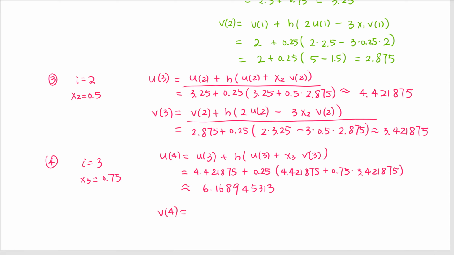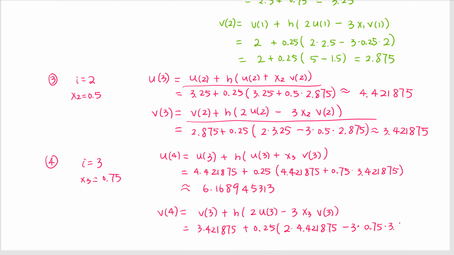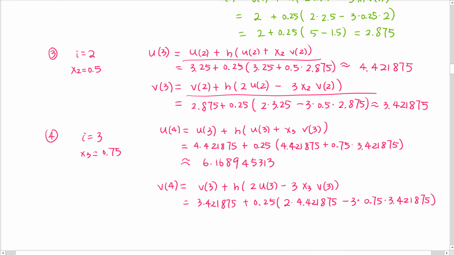And this guy, we're gonna increase the index. v3 is h times 2u3 minus 3x3 v3. v3 is 3.421875 plus 0.25, and then 2u3 is 4.421875, and then minus 3 times 0.75 times 3.421875. Alright, so let's see.